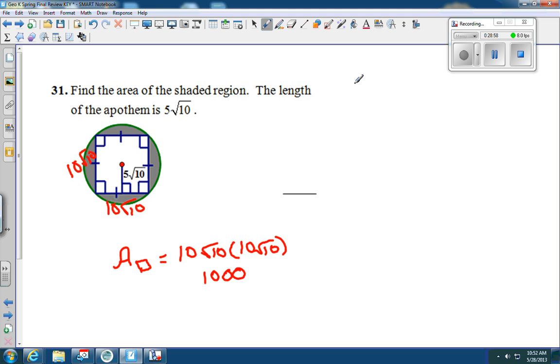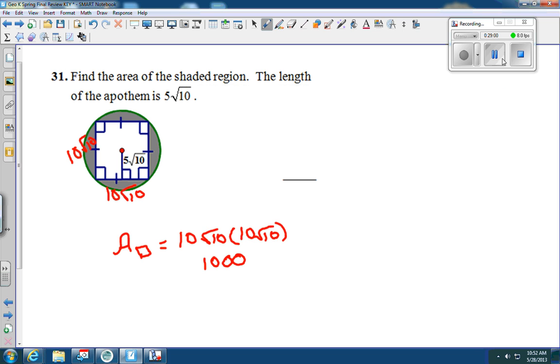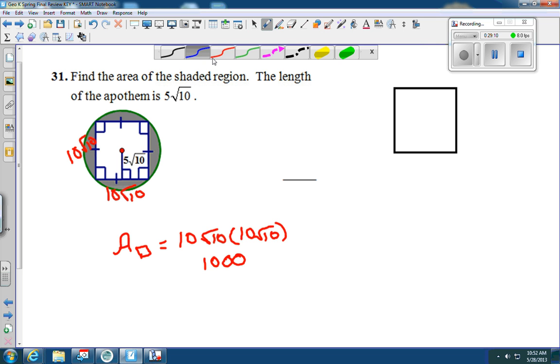All right, so now I need to find the area of my circle. You could have done this a couple different ways. I found the diagonal, because I need the diagonal for the diameter.